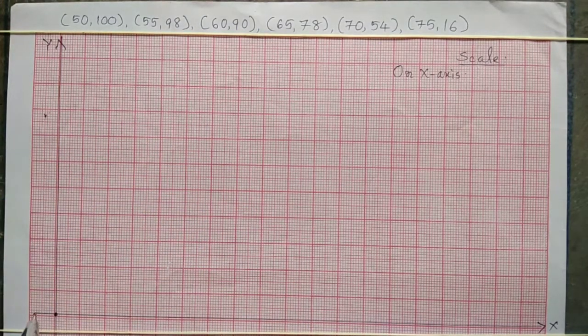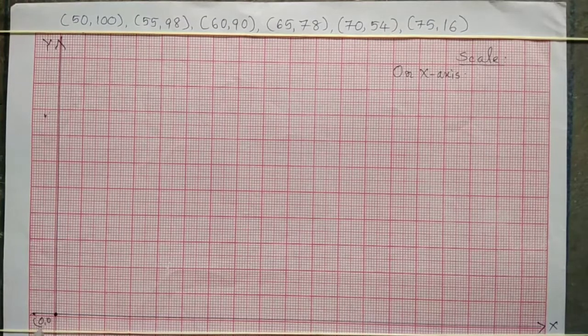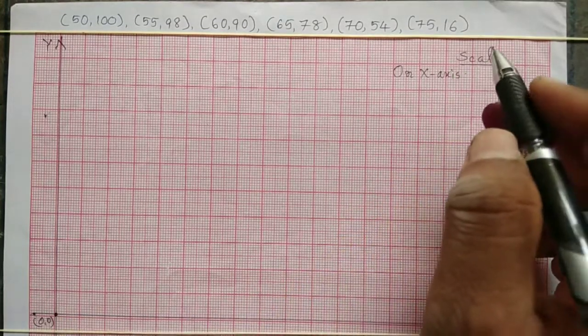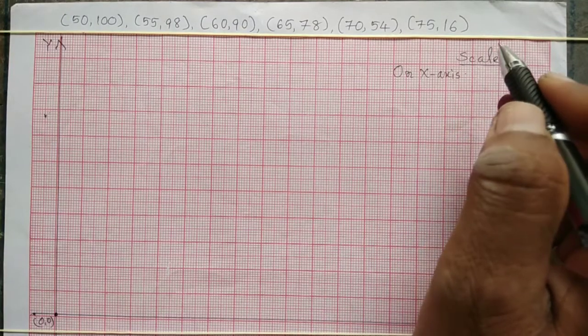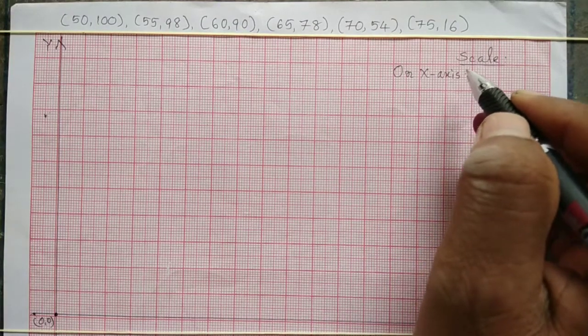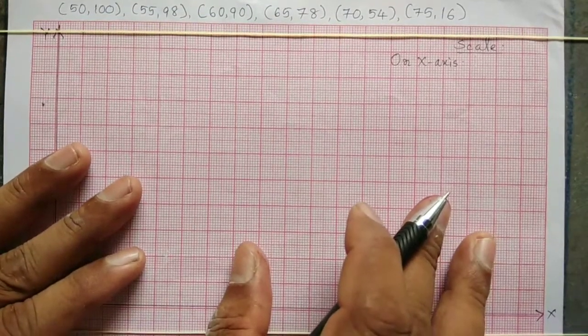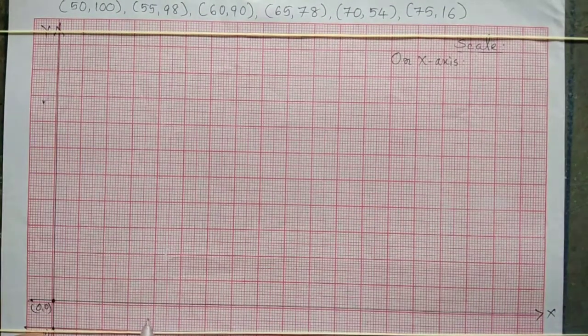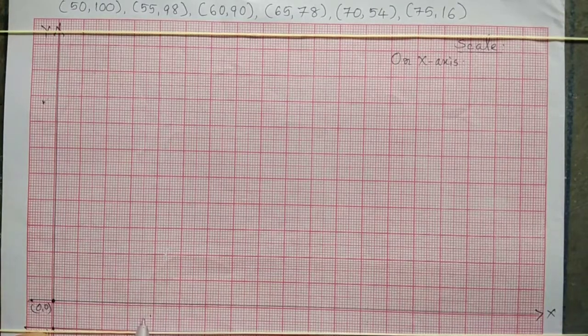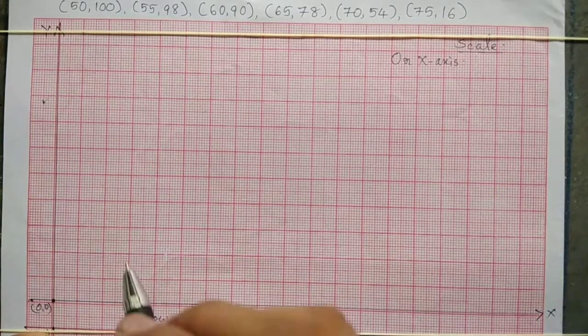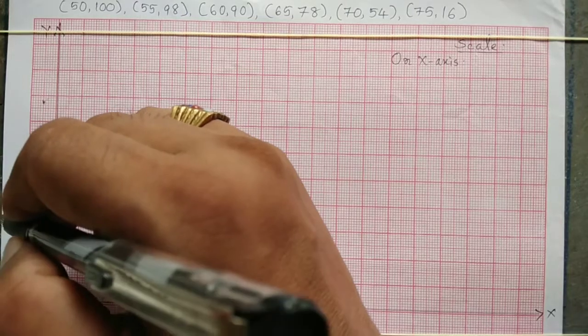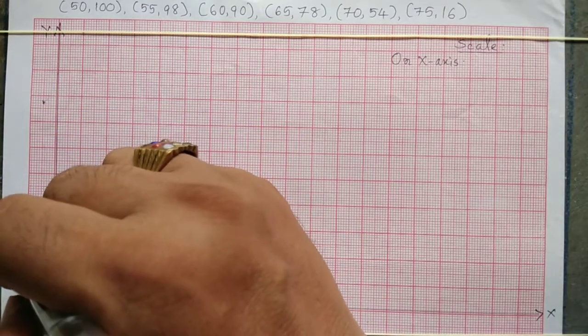This intersecting point is called the origin. Now we have to take the scale in the top right corner. On the x-axis we take lower limits, and along the y-axis we take cumulative frequency.